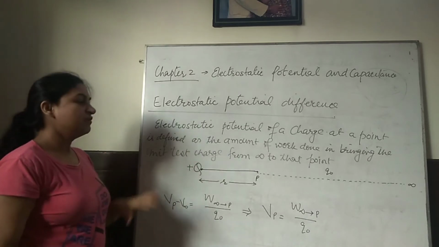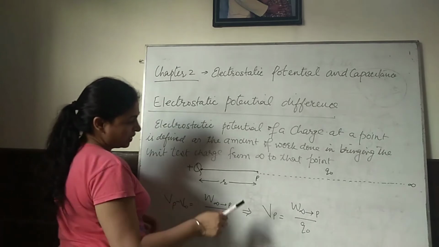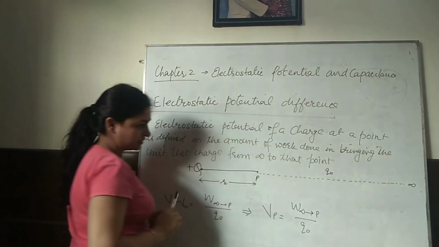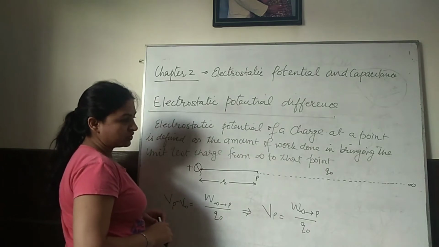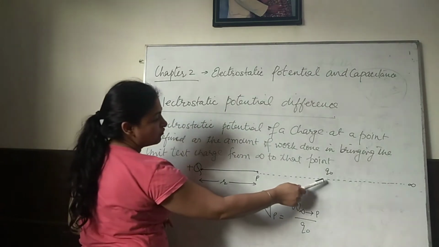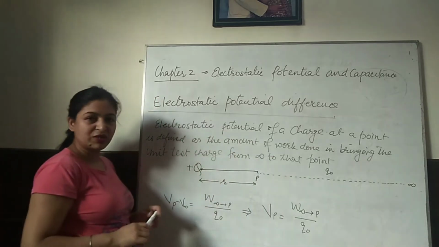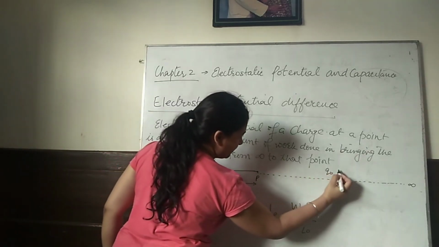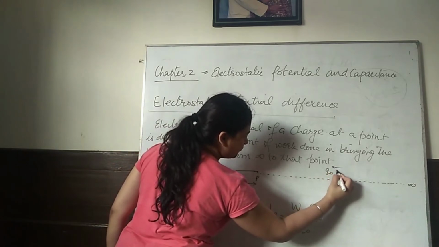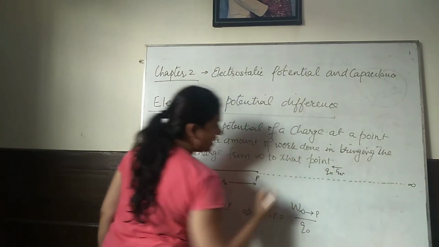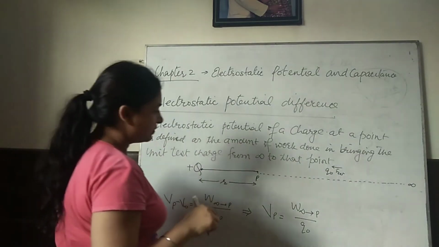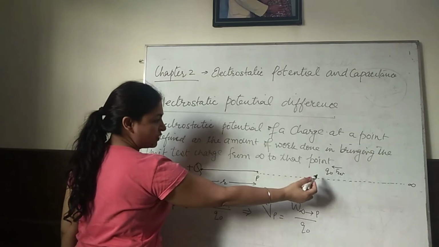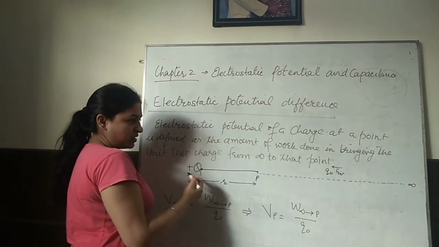One very important thing here is that we have to bring this charge without any acceleration. If you are bringing this charge without any acceleration, it means the net force on this charge has to be 0. When you are bringing this charge in this direction, you have to apply some external force in this direction, and that external force must be equal to the electrostatic force of repulsion on this charge due to this charge.